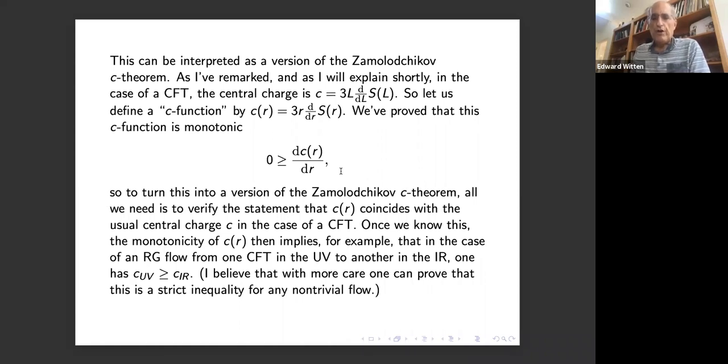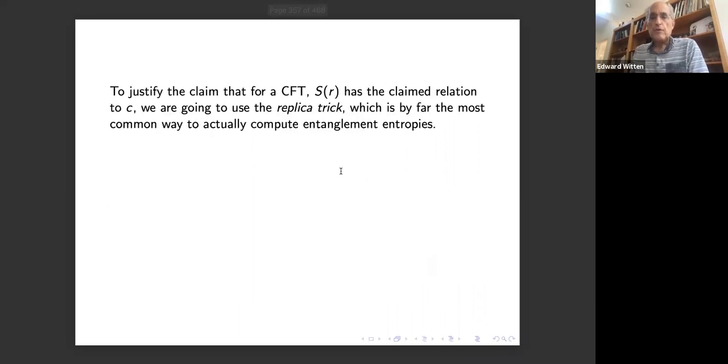I think with more care, one can prove that it's a strict inequality, but as I've done it so far, we only get an inequality. To justify the claim that in a CFT, S of R has the claimed relation to the central charge, we're going to use the replica trick, which is by far the most common way to actually compute entanglement entropies.